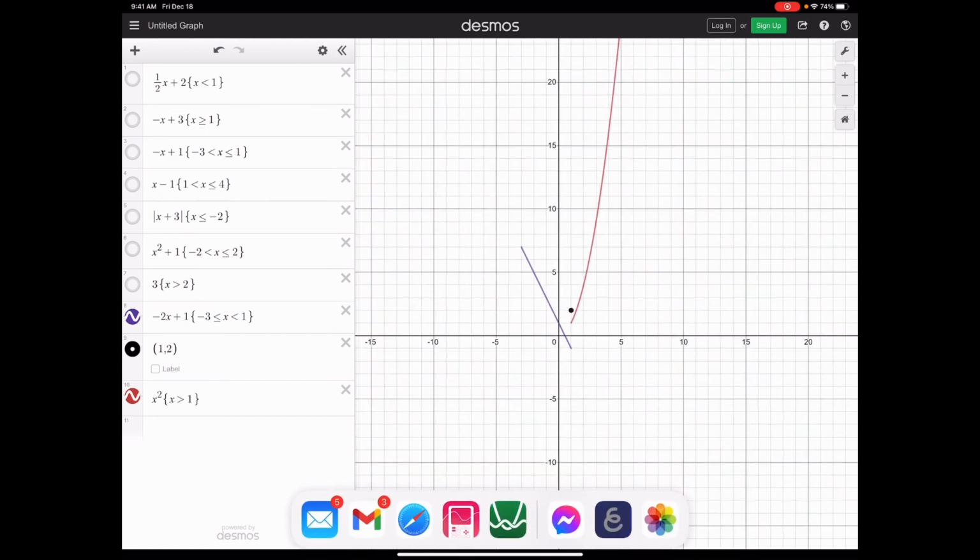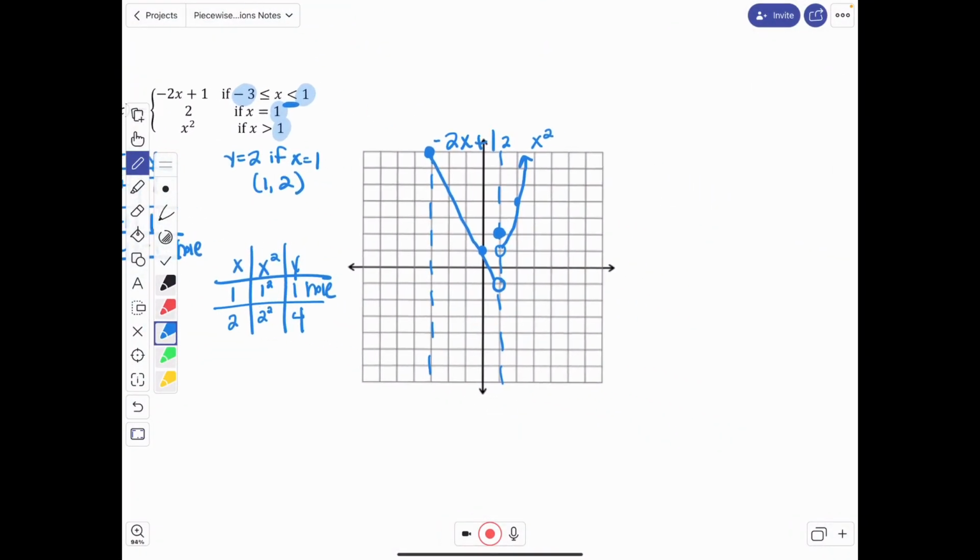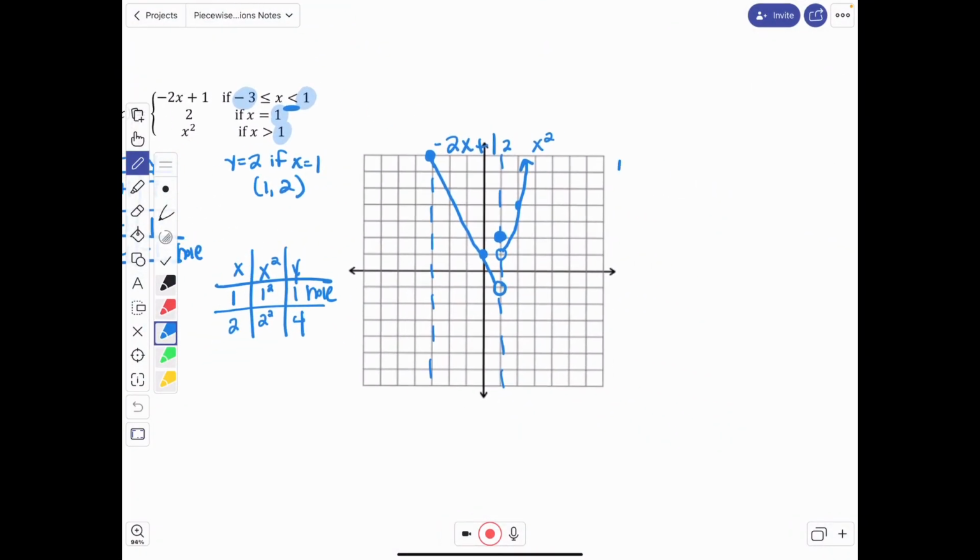All right. So let's do domain and range and points of discontinuity. My domain right here is the furthest left it goes. So the furthest left it goes is -3, and it's a point, so it gets a bracket. And it's going to go to the right forever.